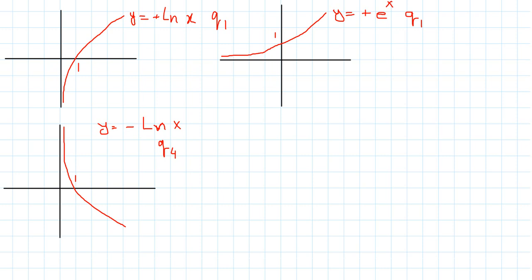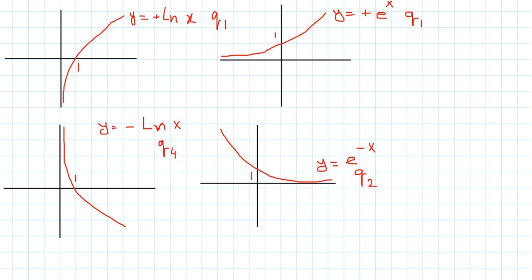Okay, now let's draw next, y equal e to the power minus x. So it passes through 1 again. So you see we will have here positive for y and negative for x. So it happens in quarter number 2. It should finish in quarter number 2.